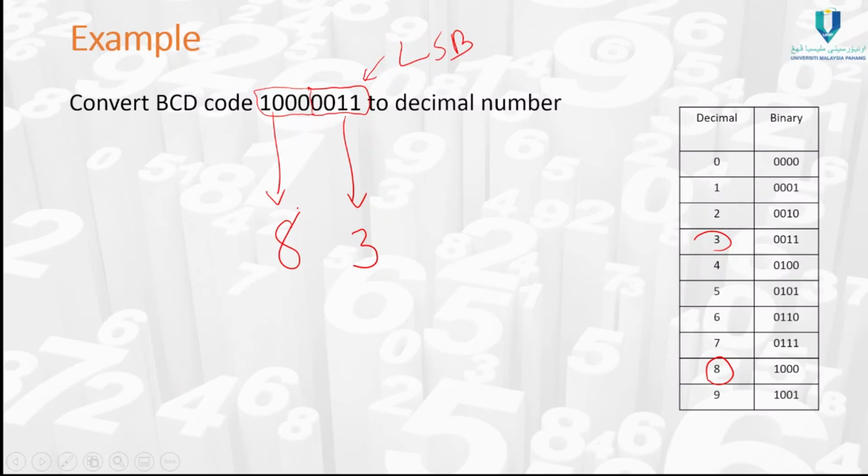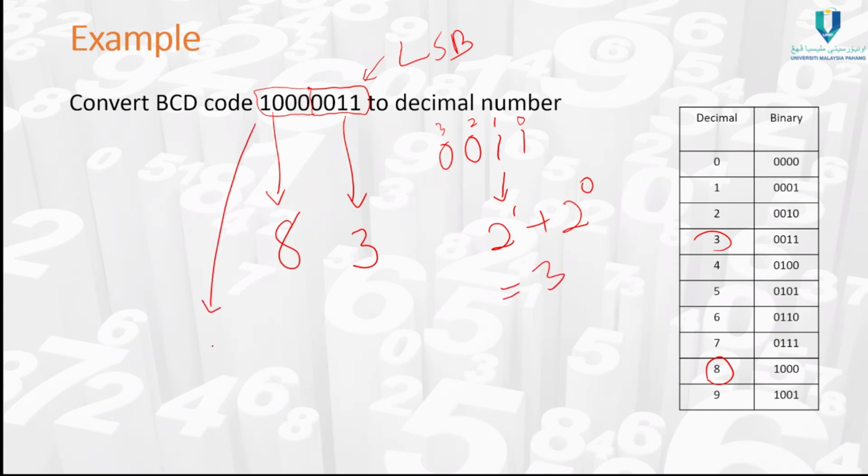Actually, we don't need this table. We can just convert 0011 to a decimal number by looking at its positions: 2 to the power of 1 plus 2 to the power of 0, which is 3. Similarly with 1000, 2 to the power of 3 is 8.